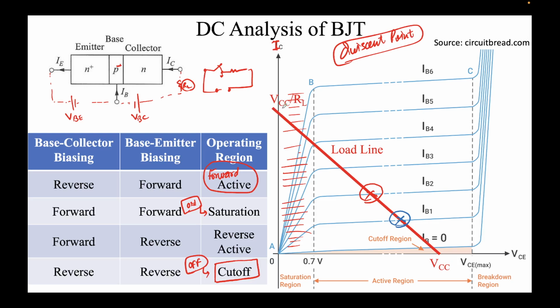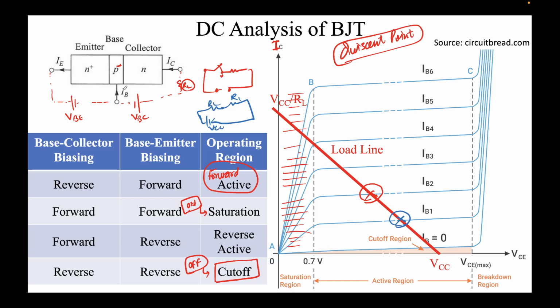If you draw this circuit, in case of a transistor, let's say you have VCC, you have RL, and you have another resistor, let's say R1. The current will be fixed. The current in RL cannot change unless you change VCC.